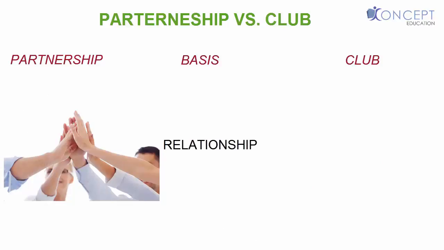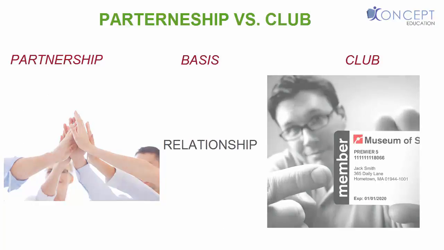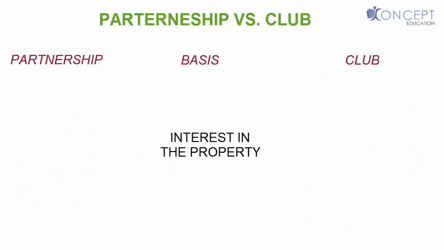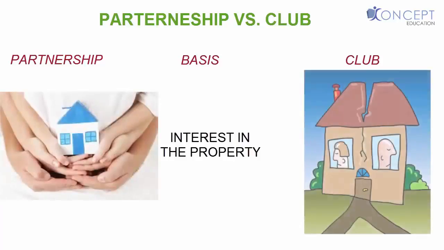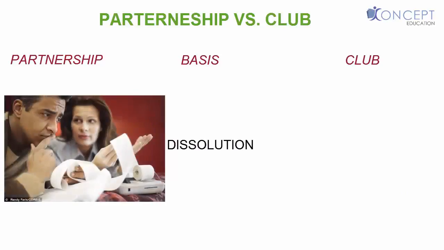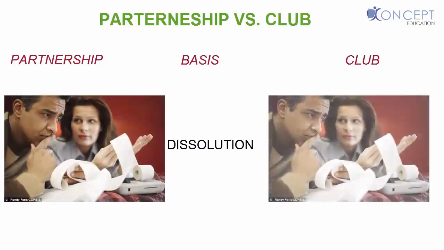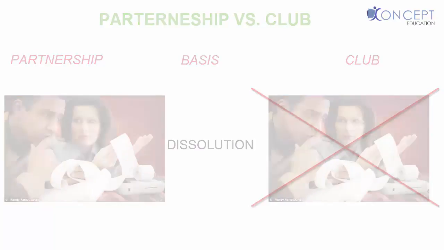But persons forming the club are called members. A member of a club is not the agent of other members. Interest in the property. A partner has an interest in the property of the firm, but a member does not have any interest in the property of the club. On dissolution, a change in the partners of the firm affects its existence. A change in the membership of the club does not affect its existence.